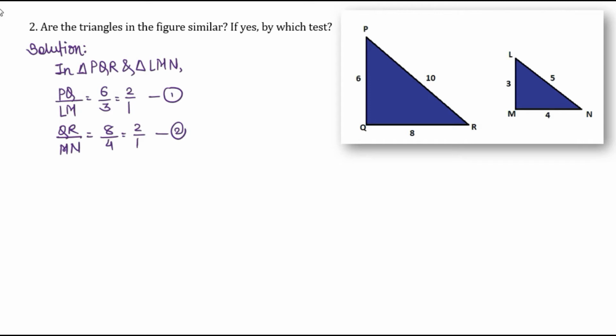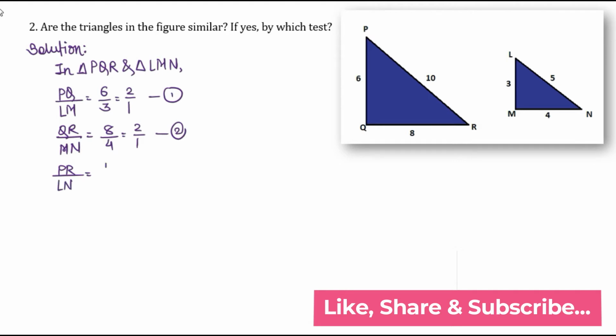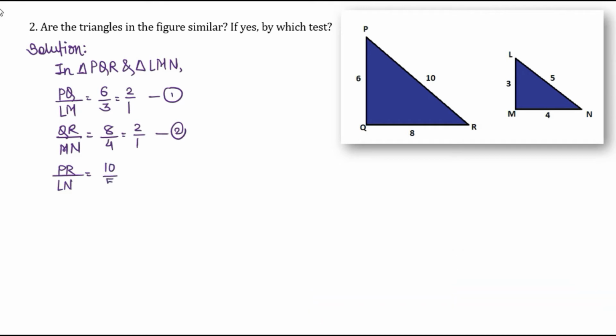And the third is PR upon LN, which is equal to 10 upon 5. So again the answer is 2 by 1. This is the third equation.